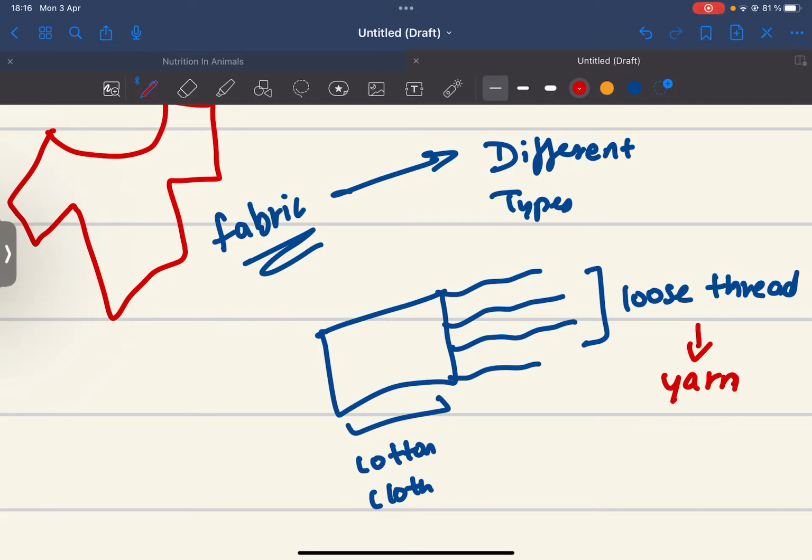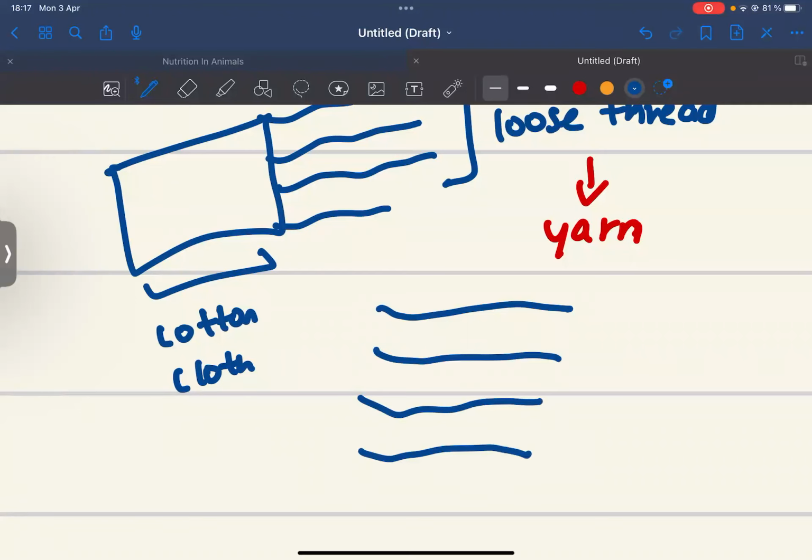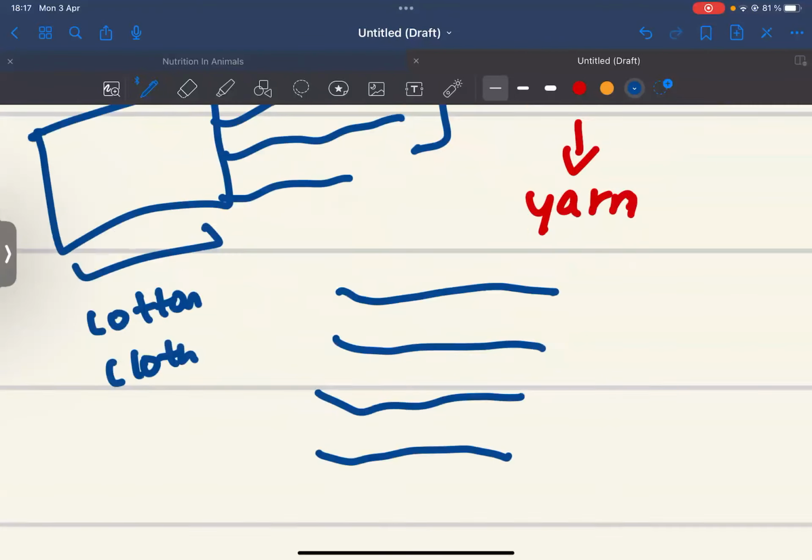All right. So this yarn, it's at one of the edges. You're going to pull it. And when you pull it out, what will you get? You will get many yarns. You'll get a lot of threads like this. All right. So when you arrange all these yarns together, again, it becomes a fabric.